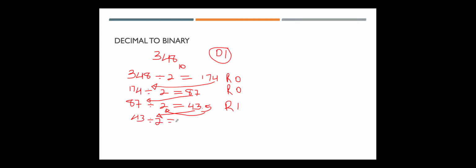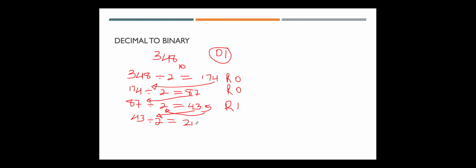That is why I'm using the most basic way, so that everyone is able to interpret this and do it on their own. So 43 divided by 2, we get 21.